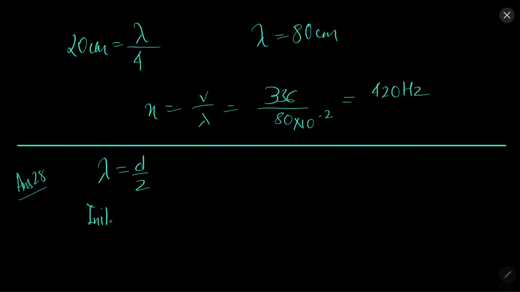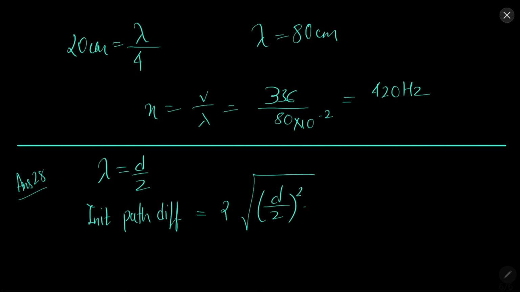Initial path difference will be 2 root ((d by 2) whole square plus 2d square) minus d. Minus d. This will be the initial path difference.